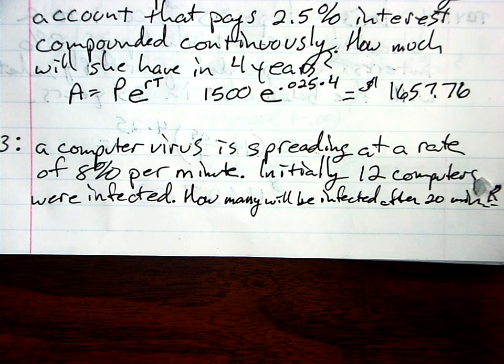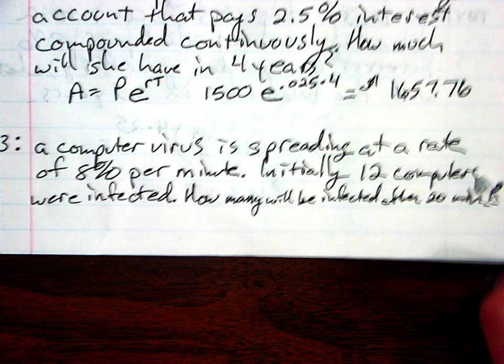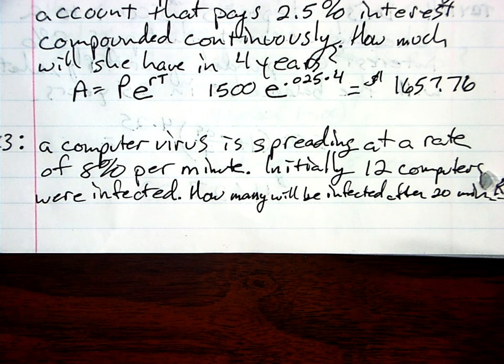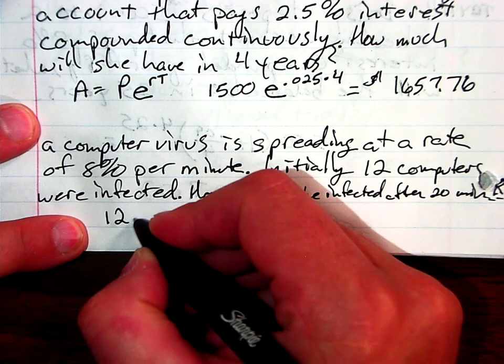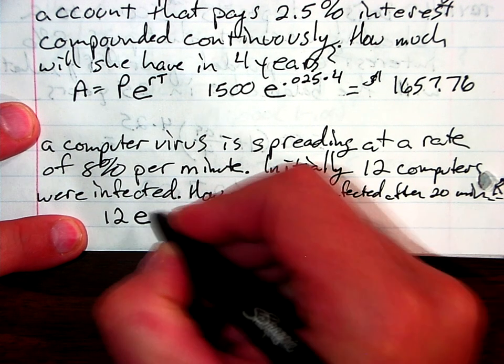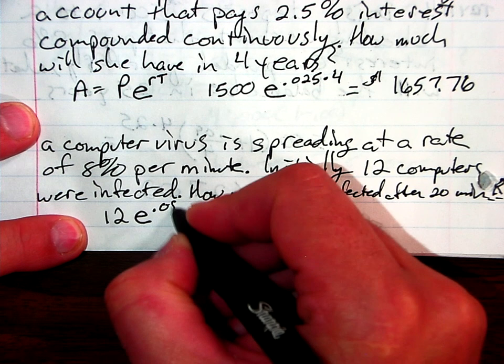A computer virus is spreading at a rate of 8% per minute. Initially, 12 computers were infected. How many will be infected after 20 minutes? So we're going to use the same exact formula. How many did we start with? 12, thank you. E, our rate is 0.08.